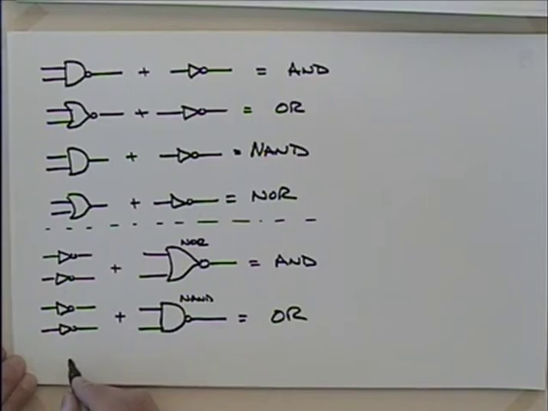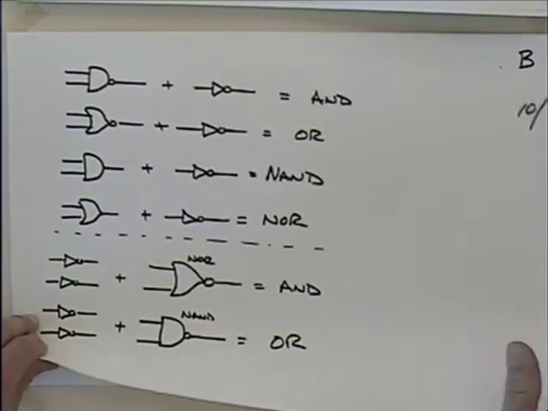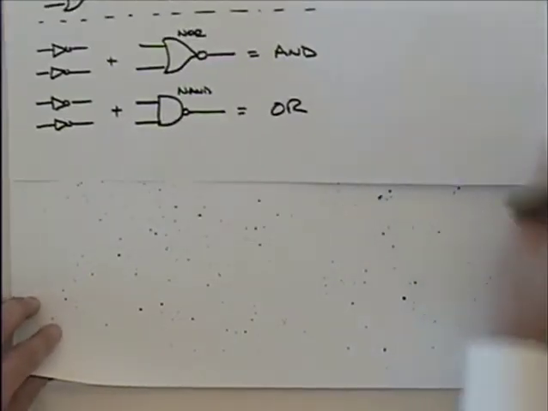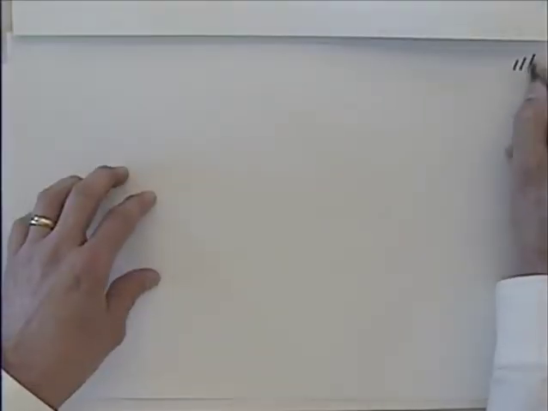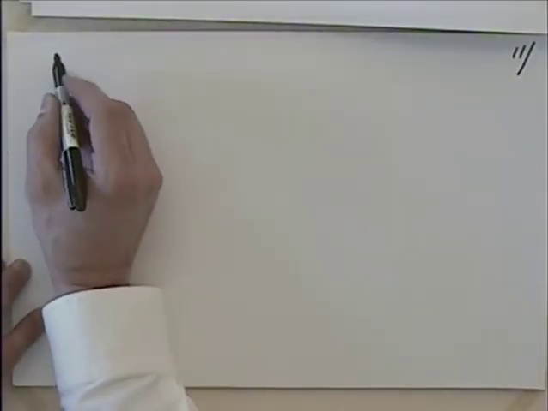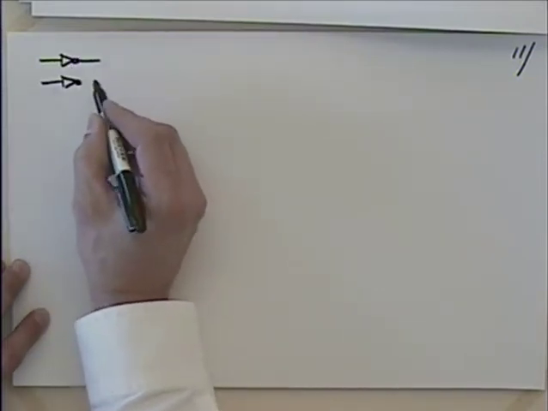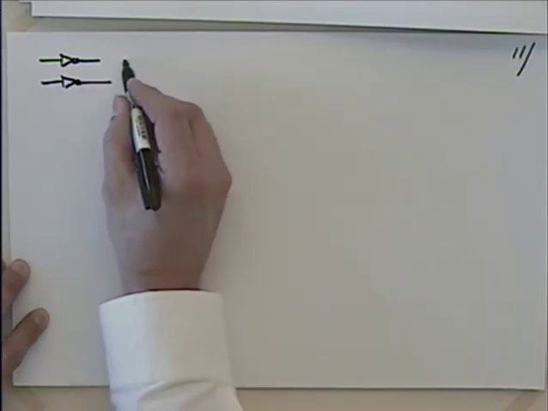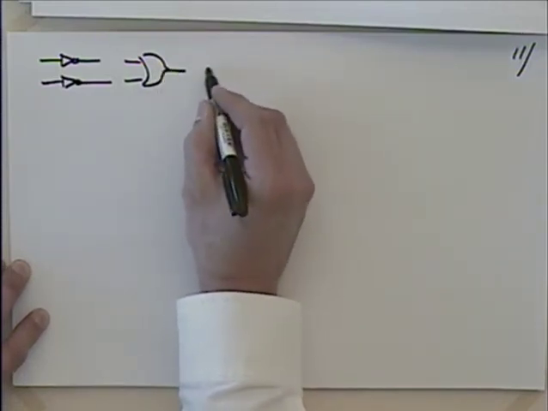So then if I take a couple of inverters, maybe I'll start over here. Oops. So if I take a couple of inverters and put them on the front of an OR, we get a NAND.